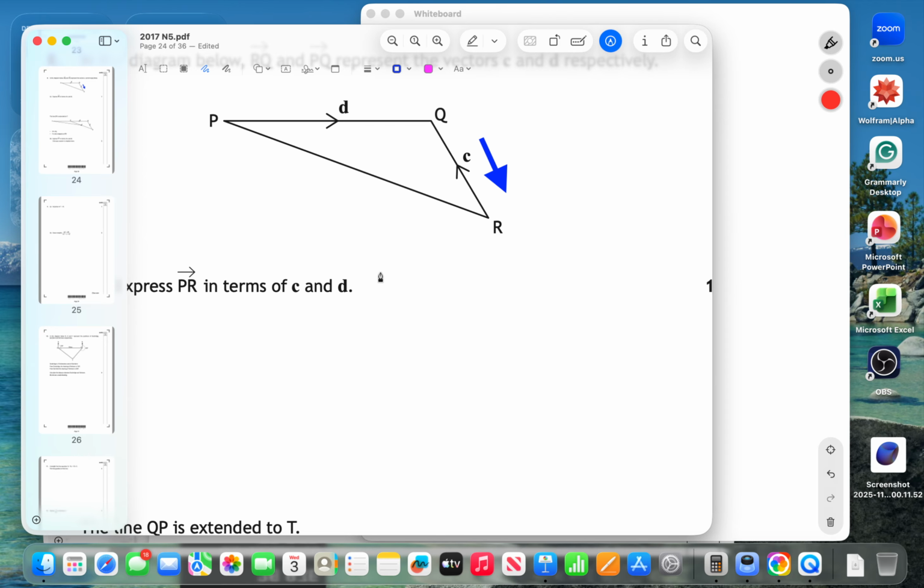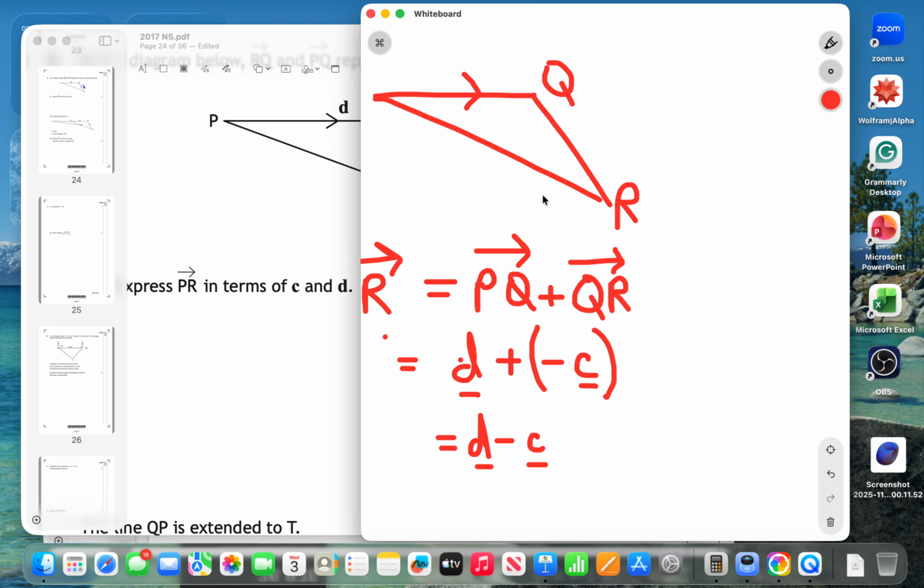The only thing is the direction matters, and for the opposite direction you just make the vector a negative, so it becomes negative C is in this direction, positive is in this direction. You just want to watch the arrows.